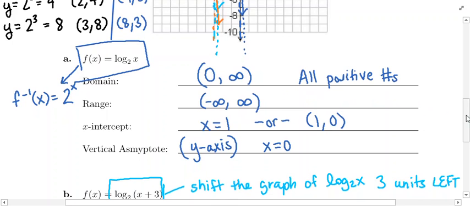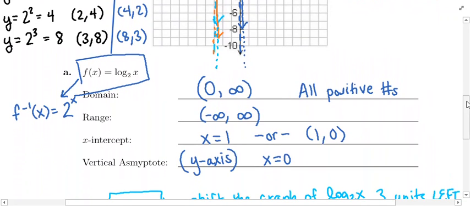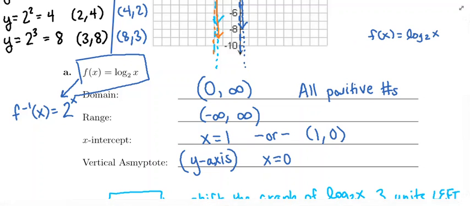We graphed the function and then we read the domain off of the graph. But now you know how to do it from the formula. So if you are dealing with log base 2 of x, you need to take the quantity that you're taking the logarithm of. Here it's just x. You need to set it strictly greater than 0.